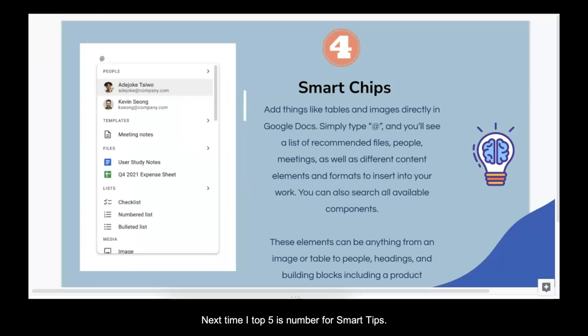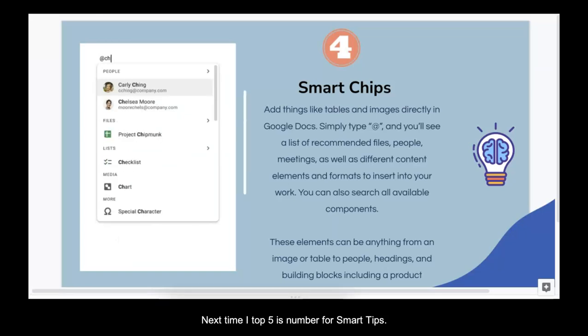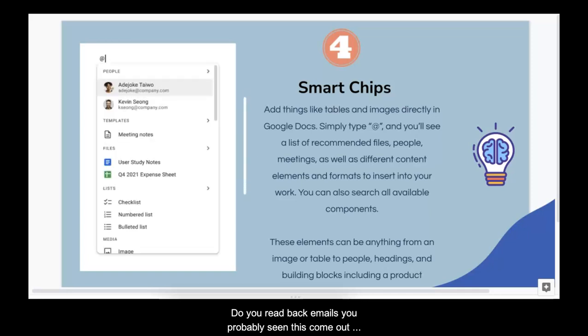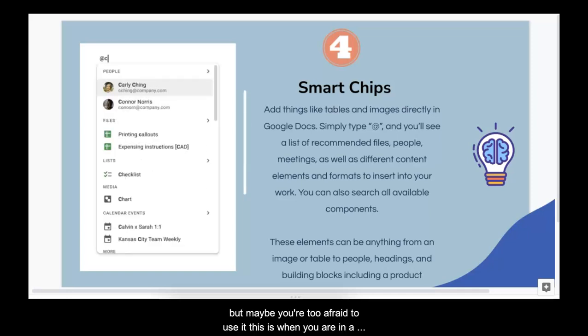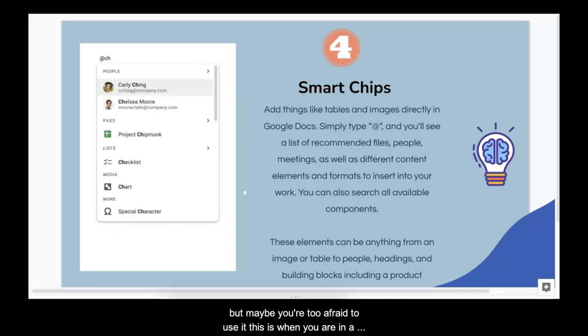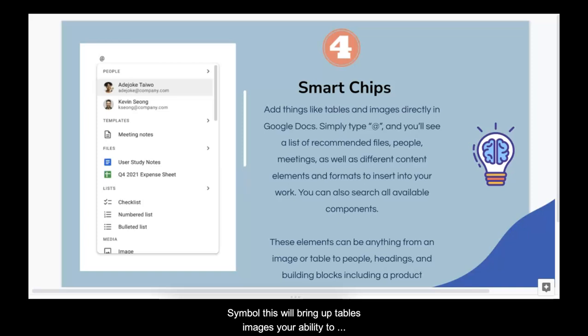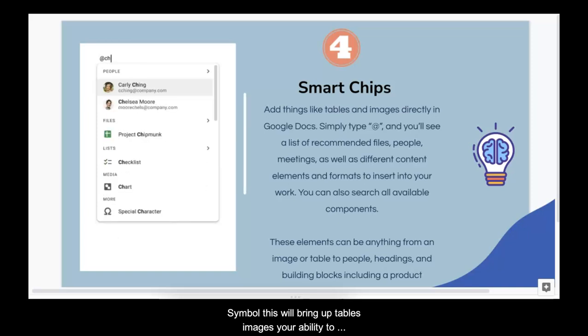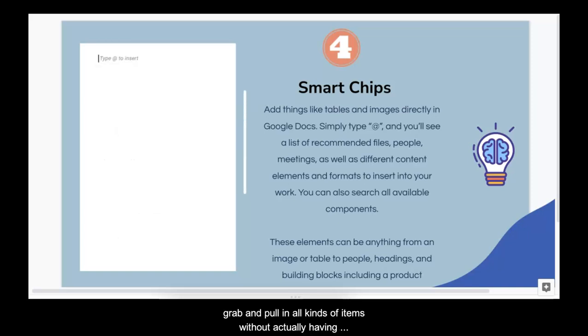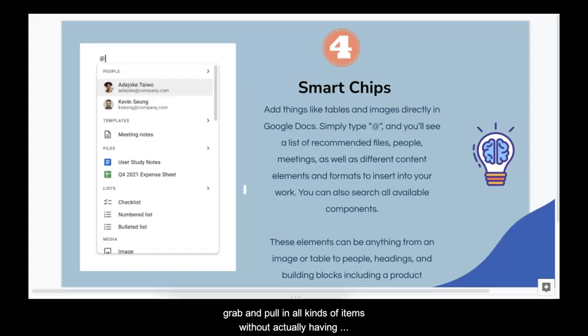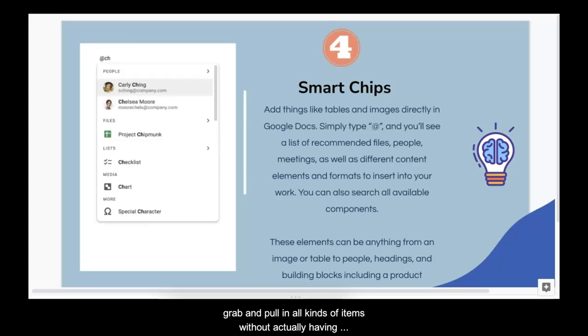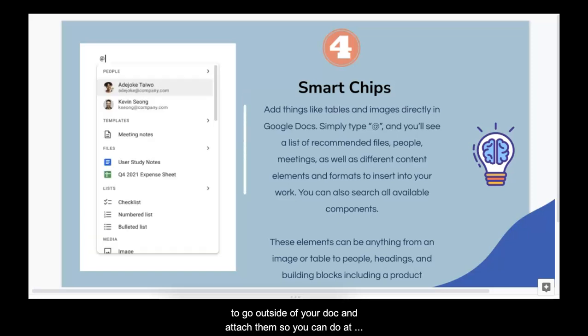Next on my top 5 is number 4, smart chips. If you read my emails, you've probably seen this come out, but maybe you're too afraid to use it. This is when you are in a Google Doc and you use the @ symbol. This will bring up tables, images, your ability to grab and pull in all kinds of items without actually having to go outside of your doc and attach them.